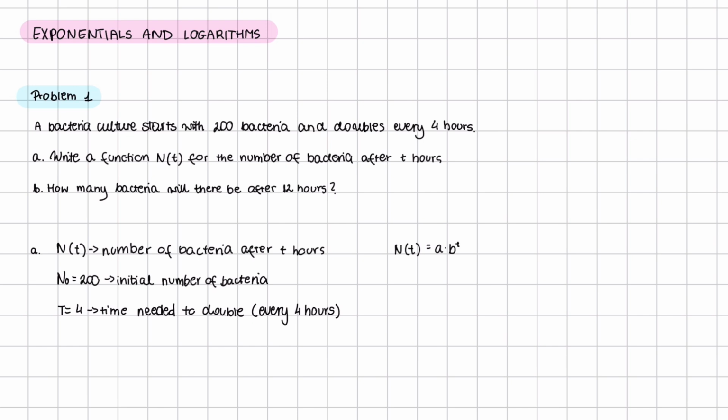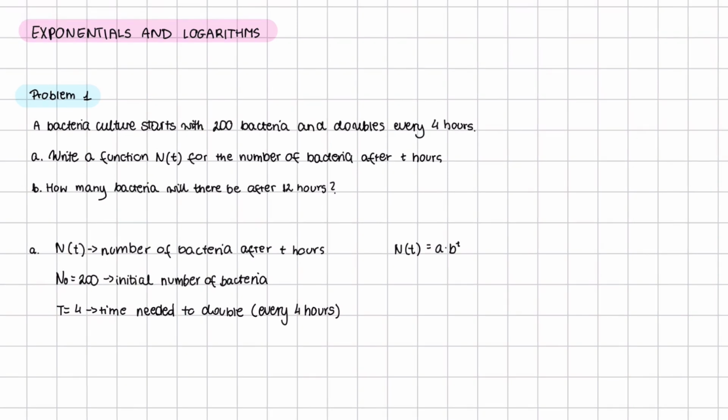If you forget what the exponential function looks like, you can simply check it on your GDC because there you have every type of function. And now the most important thing, so our N versus t equals.